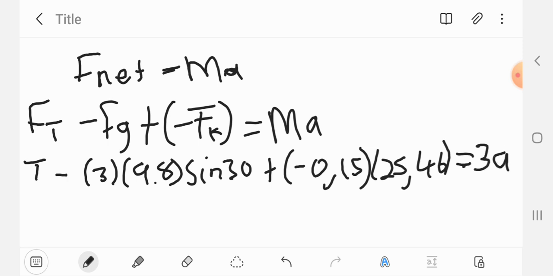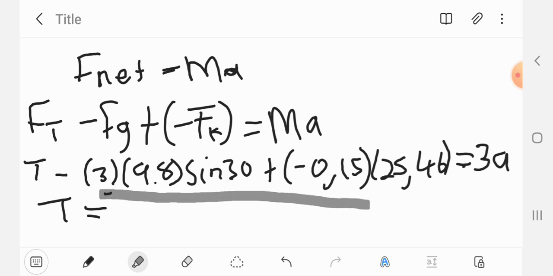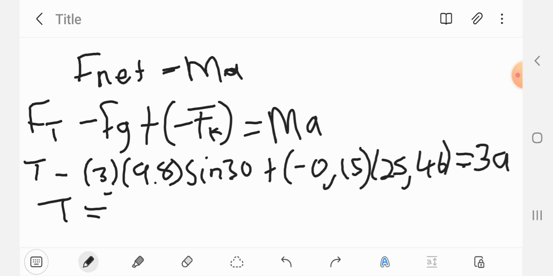We do not have that a, okay? And then we'll say tension equals to, when you punch all of this in the calculator, it has to give you 18,52. That is what you need to get.